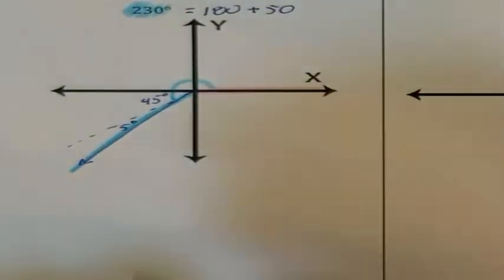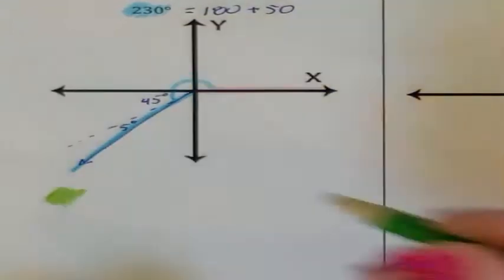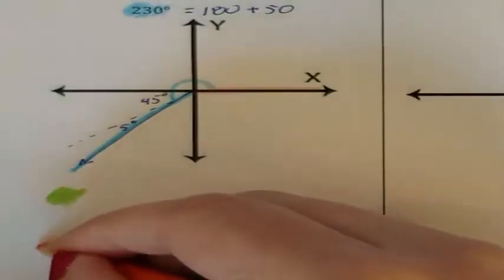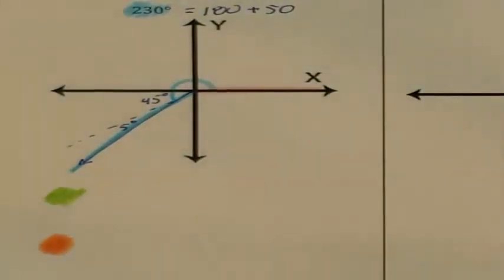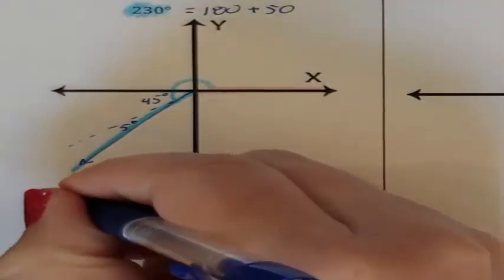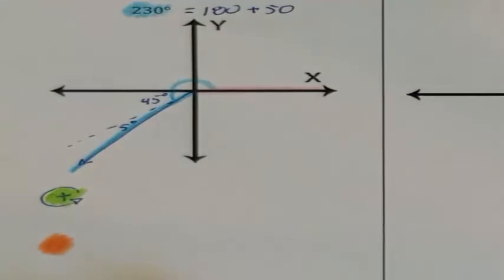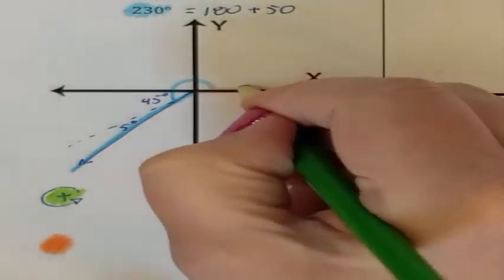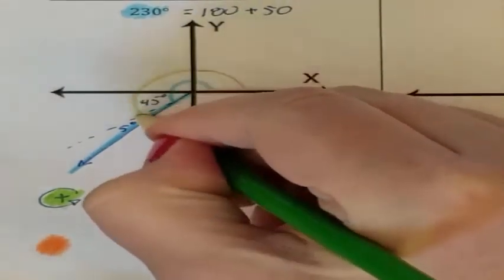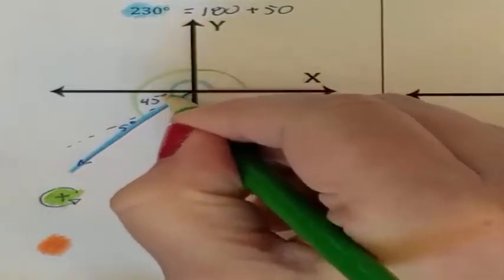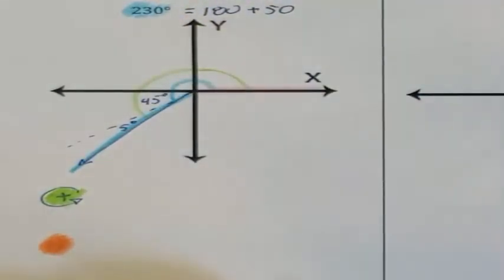But I need to find 2 coterminal angles that go with this, the positive and the negative coterminal angles. To find my positive coterminal angle, we're going to go counterclockwise around. If I go counterclockwise around, I would have landed here. But that's the same path as the blue. I can't follow the same path.